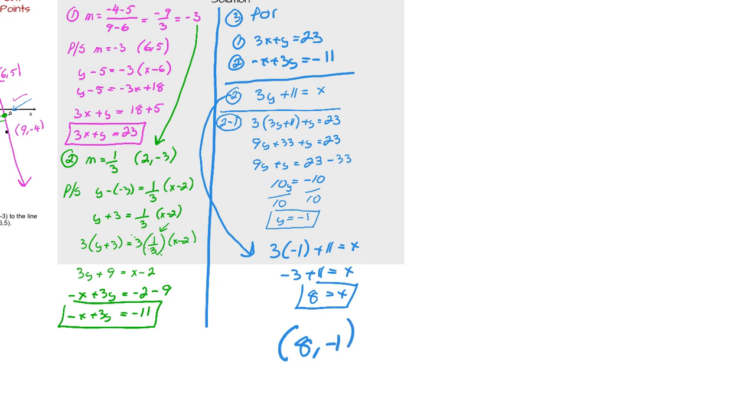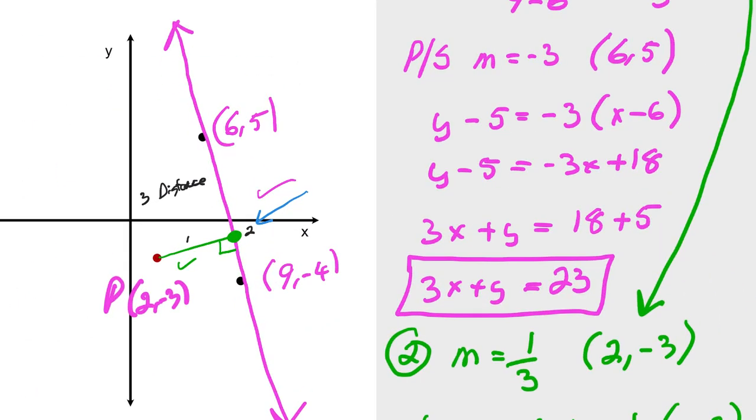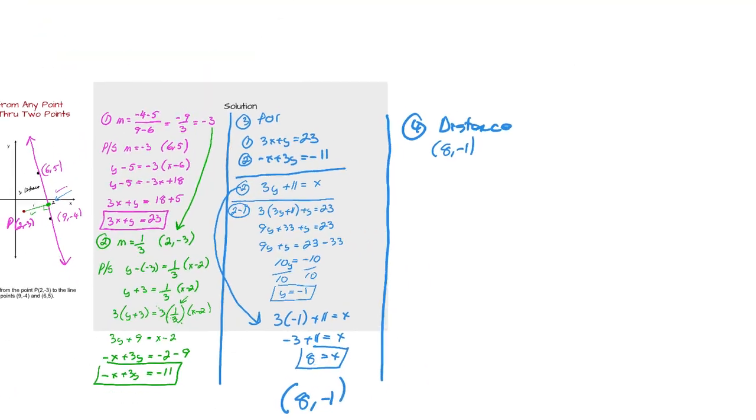And that brings us to our last step, which is to find the distance. And to find distance, we will use the length formula. So we have two coordinates, (8, -1), which we just found, and the original coordinate, (2, -3).